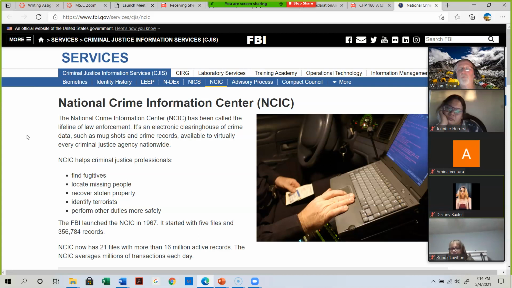So when you enter stolen property and you put that serial number in the report, the records person will enter that data into NCIC. So if another law enforcement officer runs across that property, it'll show stolen in whatever state you're in. Okay, it's used for terrorism, for officer safety, and there's a lot of information.